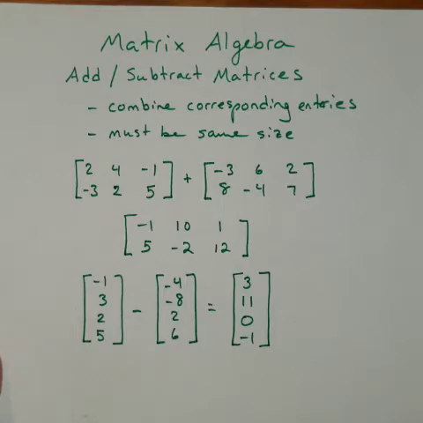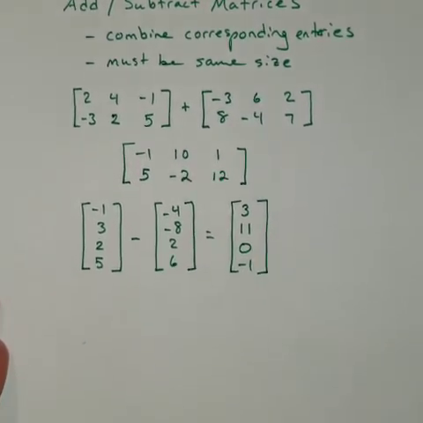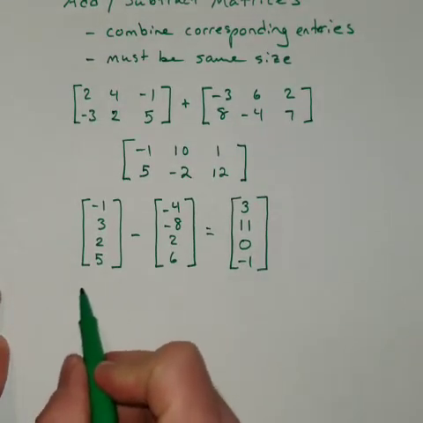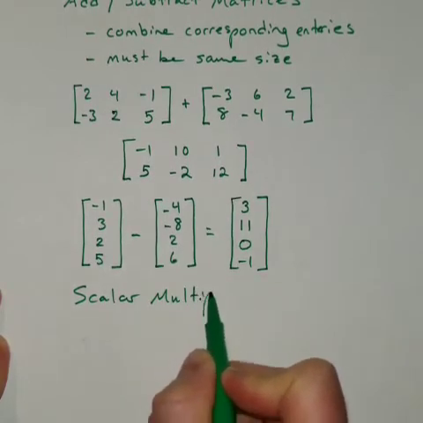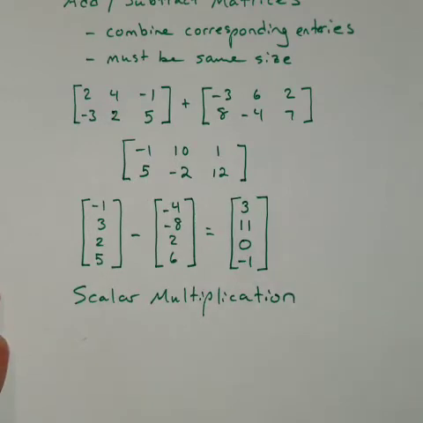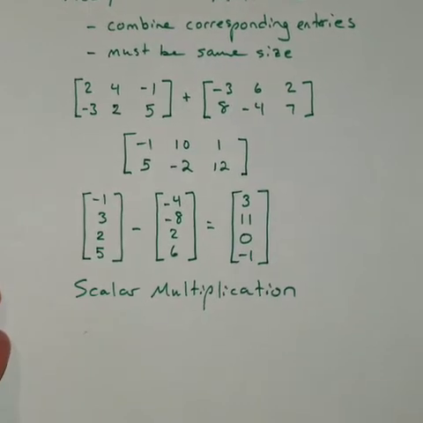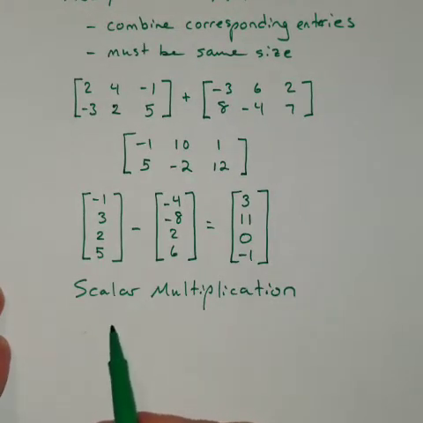Okay, now the next operation we're going to talk about is called scalar multiplication. In scalar multiplication, you're just multiplying a matrix by a number. That's what scalar means, a number. So you're multiplying by a number, and then that number is going to multiply to every entry.